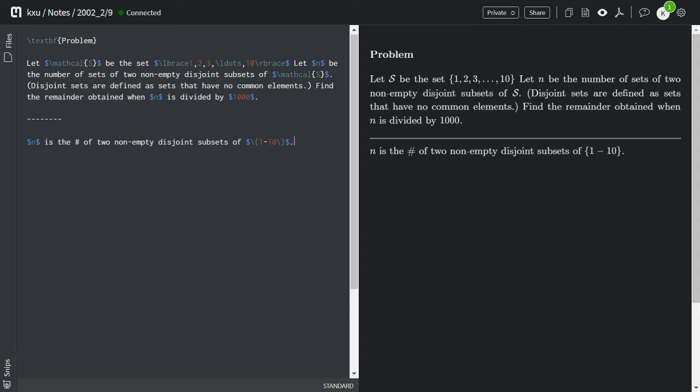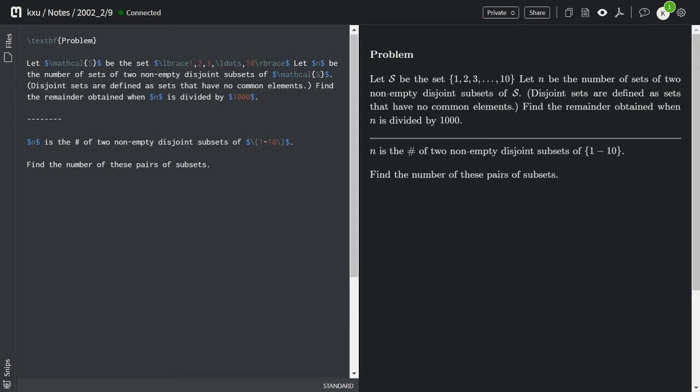Okay, I skipped over the part where it defines disjoint subsets, but I think we all know what that means. So we want to find the number of these pairs of subsets.